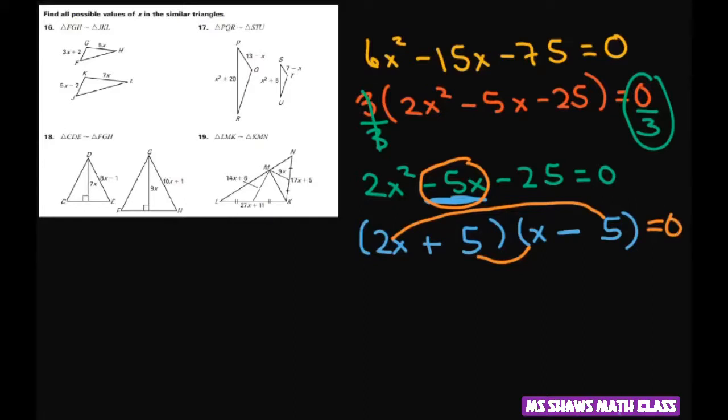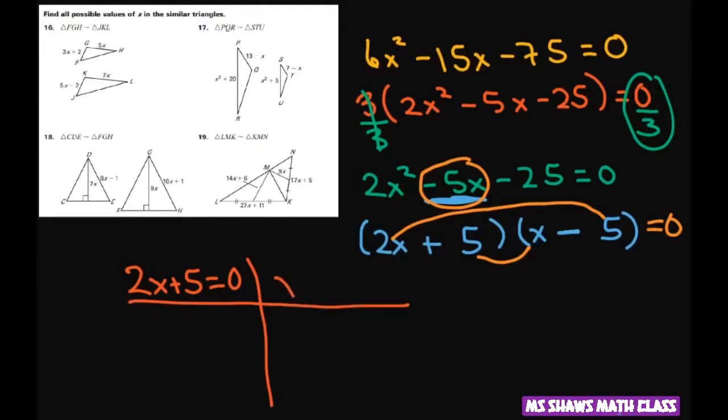So set both pieces to equal 0. So you have 2x plus 5 equals 0, and x minus 5 equals 0. That gives us, for this one, x equals subtract the 5, then divide by 2. And this, if you add 5 to both sides, you get x equals 5.